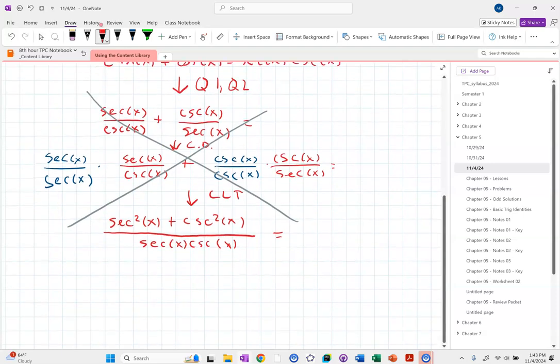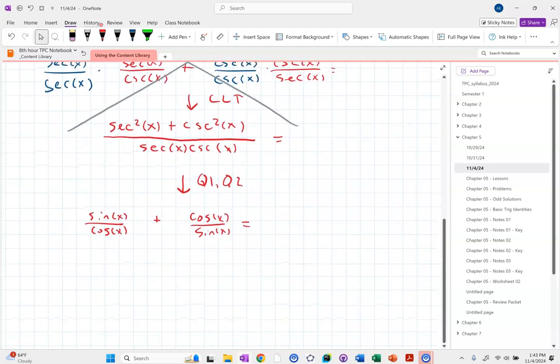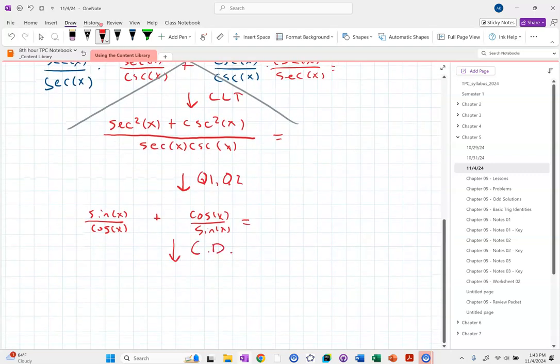So at the start, instead of changing, I'm still going to use Q1 and Q2, but I'm going to use this time, bless you. Thank you. Turn tangent into sine over cosine. And I'm going to turn cotangent into cosine over sine. And then I'm still going to make a common denominator.